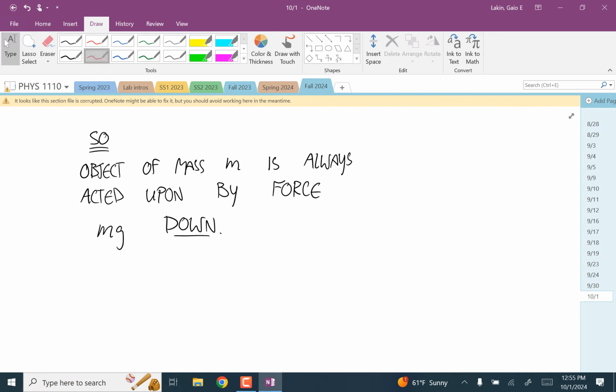And that mg, you could think of that as 9.81 m, as long as you're in SI units.